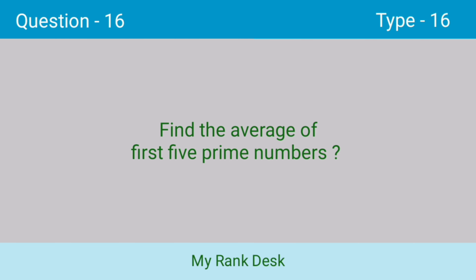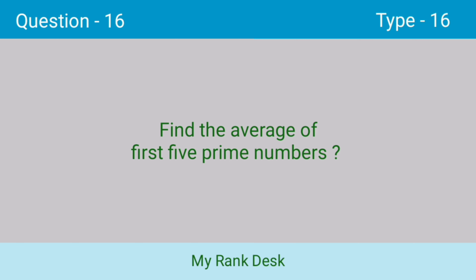Let's see how we can find the answer. Write the first 5 prime numbers. They are 2, 3, 5, 7 and 11. Then find sum of the numbers.